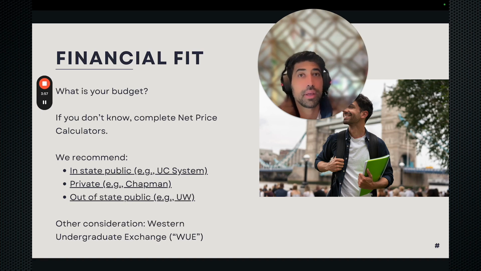The objective is to provide lower tuition for a resident of these 16 states if the college is participating and if the college is in one of those 16 states. For example, if you are a California resident and you apply to Utah, your tuition won't be the same as out-of-state tuition. You'd pay less than that.